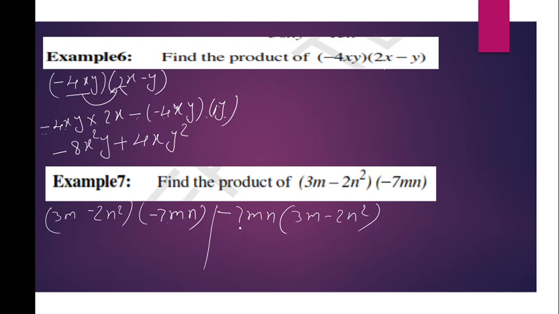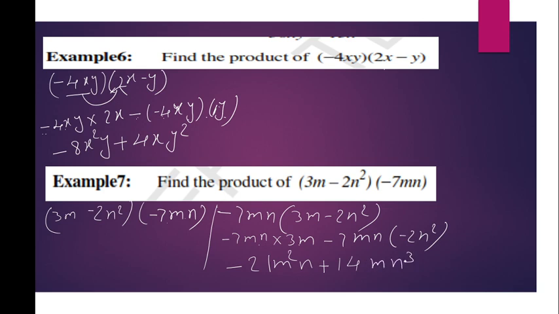Multiplying inside, minus 7mn into 3m, and minus 7mn into minus 2n square. Minus into plus is minus, 7 3s are 21, m into m is m square, n as it is. Minus into minus is plus, 7 2s are 14, m as it is, n into n square is n cube.